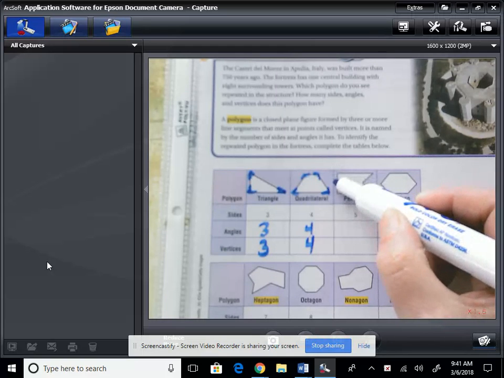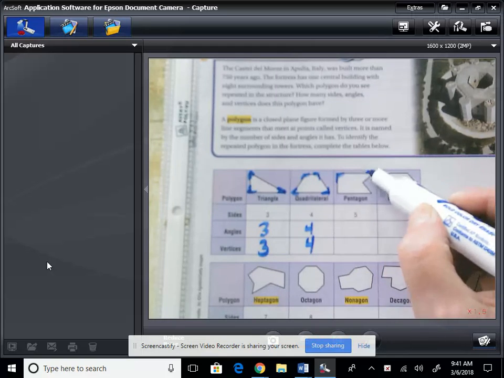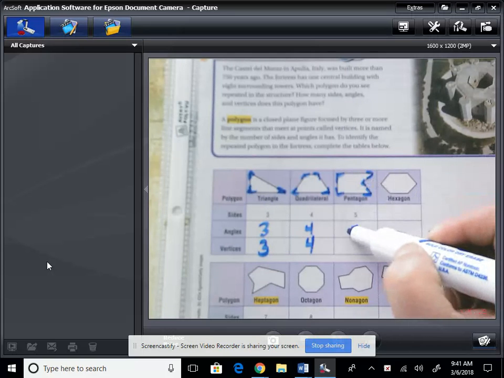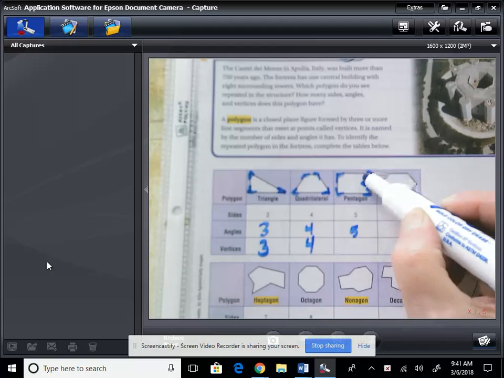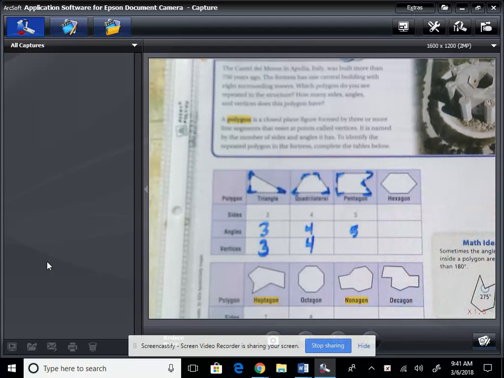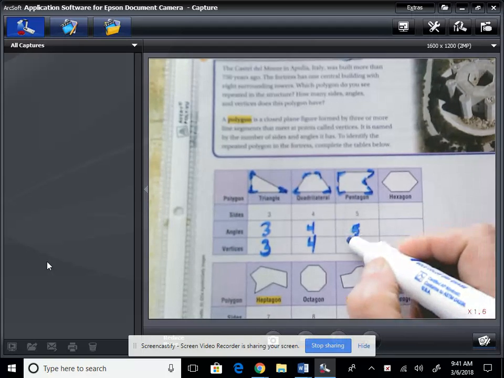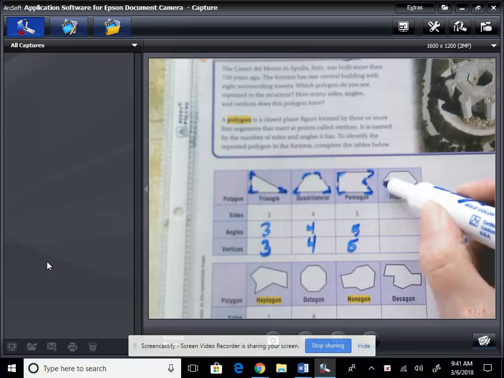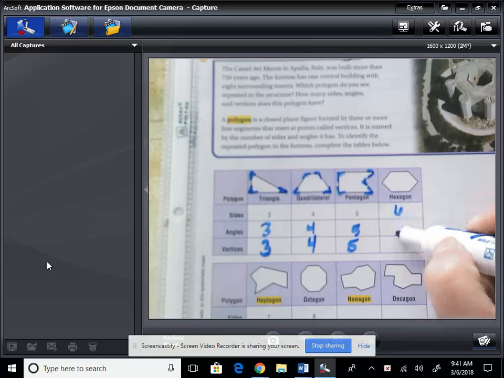A pentagon has 5 sides and 5 angles. An angle can go inward or outward. It's called convex and concave, and it has 5 vertexes. A hexagon has how many sides? 6. 6 angles and 6 vertexes.